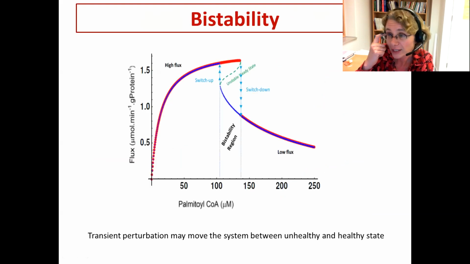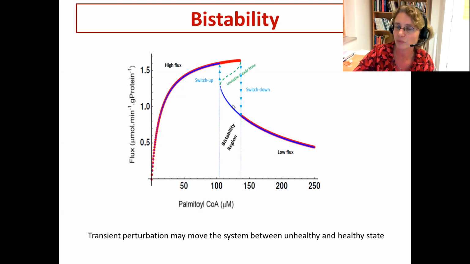We also found another interesting property of this system, by Fantau Abagas. He's a mathematician, postdoc in the group. He found that there is bistability. So this breakdown can happen, but if you go in one direction, it happens much later. And if you then go back, you can stay for much longer time on the lower arm. So there is a region, and depending on the parameters, the surrounding network, this region can be smaller or bigger, but there is a region where there are two possible steady states.